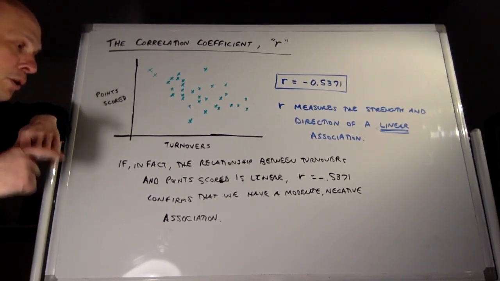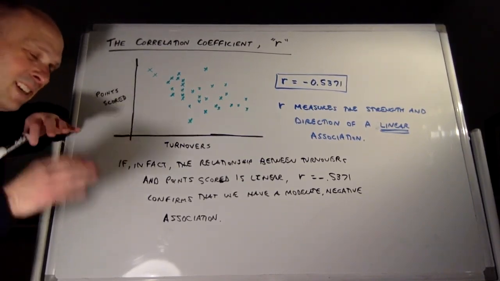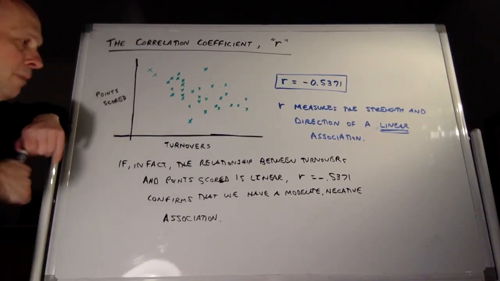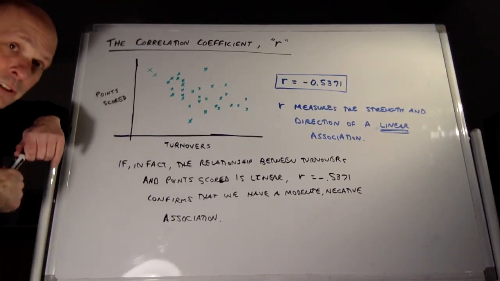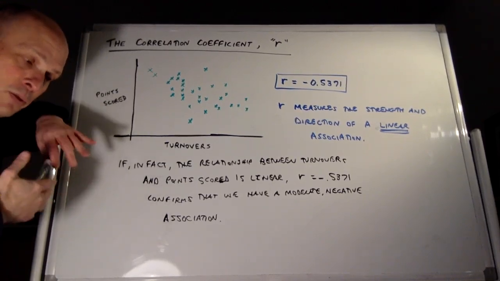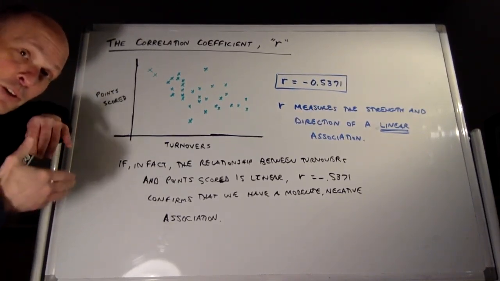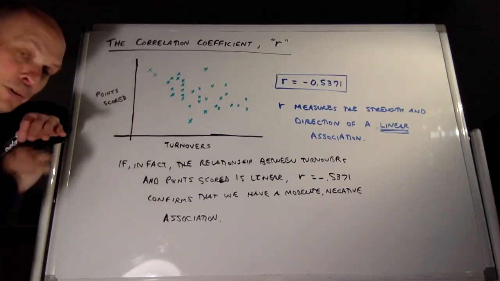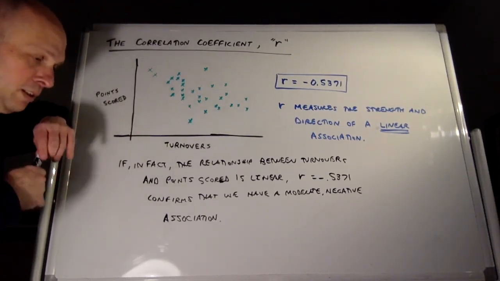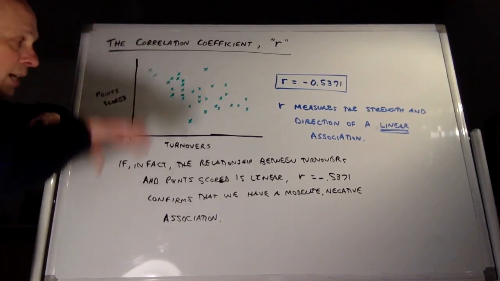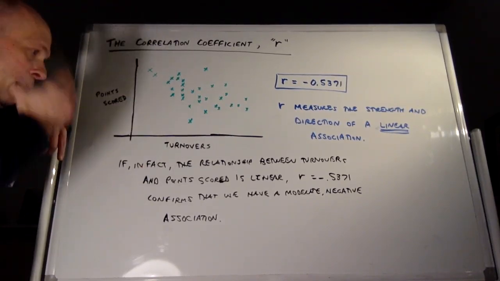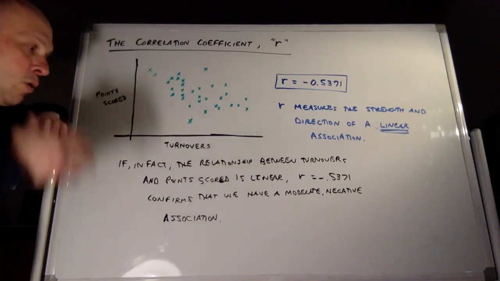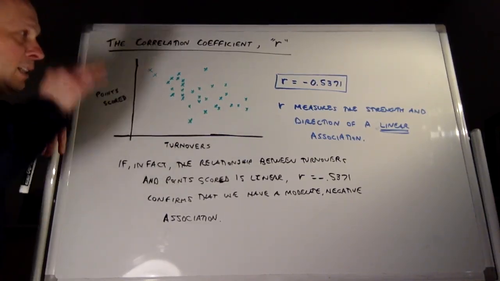Now, you don't want to use the wrong word. A lot of times we're tempted to say that we have a moderate negative correlation between turnovers and points scored. You don't want to use the word correlation there. You'll see people do it all the time in newspapers, and when they make reports about data, they'll say we have a correlation. But correlation is a specifically defined thing.